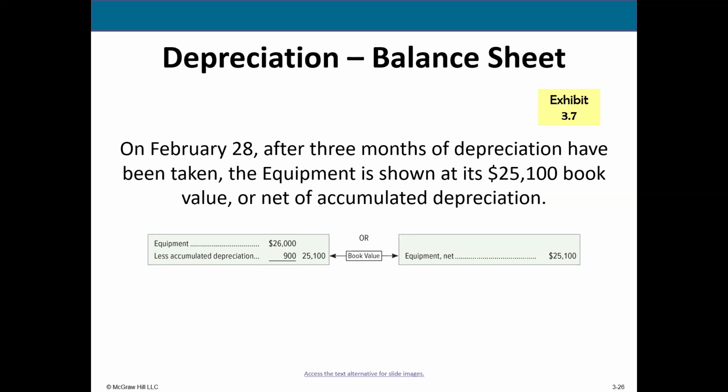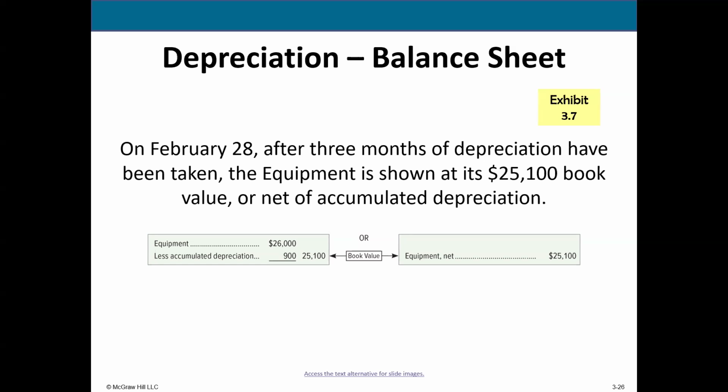So on your balance sheet, you're going to see equipment will be 26,000, and then accumulated depreciation is going to go up by $300 every single month for 5 years until it reaches 18,000, at which time we would either take it off of our books or leave it on, depending on what the business decides to do.